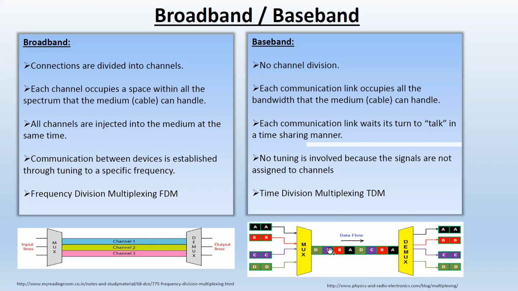Now we're going to go into the baseband transmission. It's constructed a little bit differently. Instead of having all the channels present in one link, we're going to have time sharing. And, well, let's say these are telephone conversations. Here's one telephone, here's another telephone conversation. So we have 4.